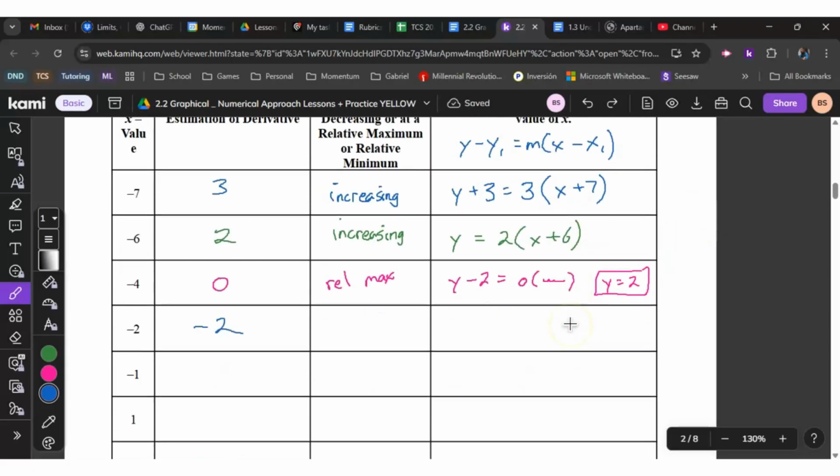How do you know it's negative? Because it's going down. All right, we'll do -3 over 2. Is that decreasing, increasing, max or min? Decreasing. All right, and that point was at -2, 1, so this will be y minus 1 equals -3/2 times x plus 2.